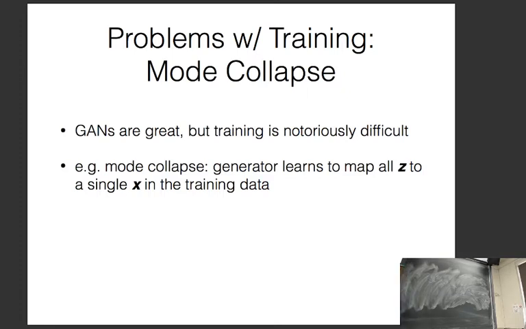So in maximum likelihood, we can generate any of these and we'll generate any of them with equal probability. But the problem with GANs in mode collapse is that the generator has to find a single example. At the very beginning of training, it can find a single example that exists in the training data and then generate it all the time.